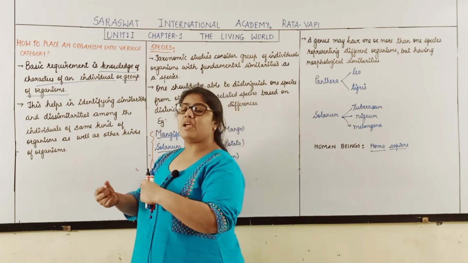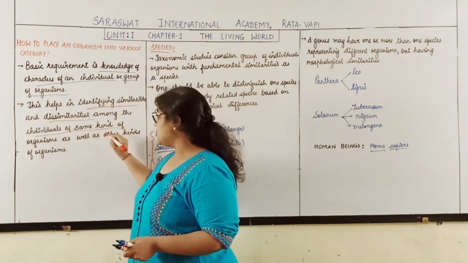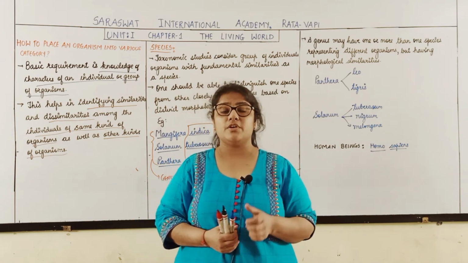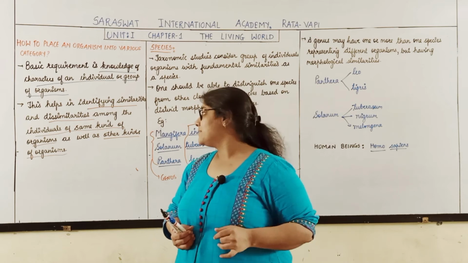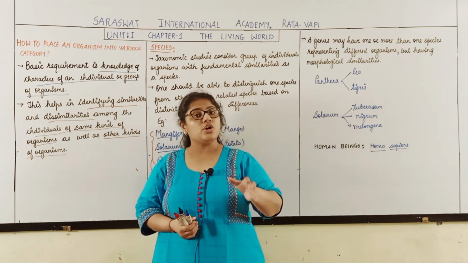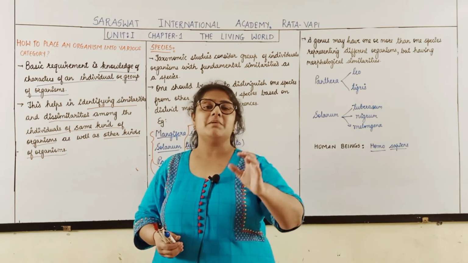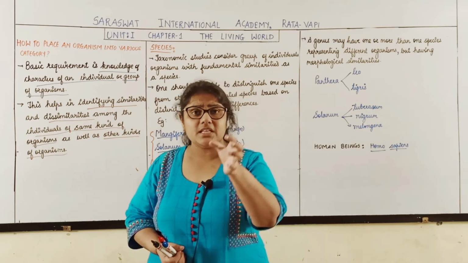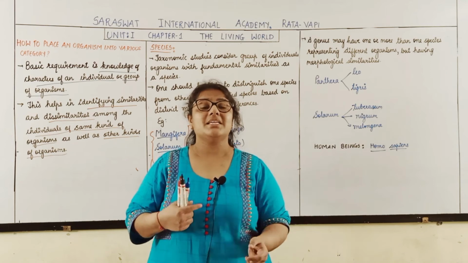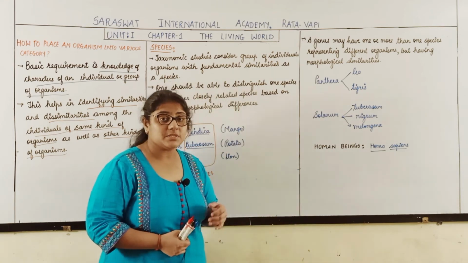On the basis of those characters, we can identify the similarities and dissimilarities among the individuals of the same kind of organisms as well as other kinds of organisms. Those organisms which show similarities will be placed in one group, and those which show dissimilarities will be placed in another group.